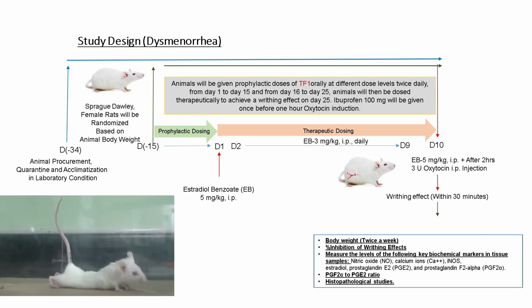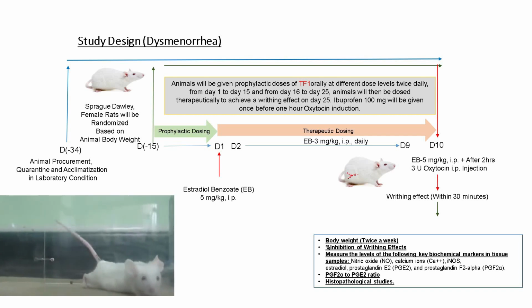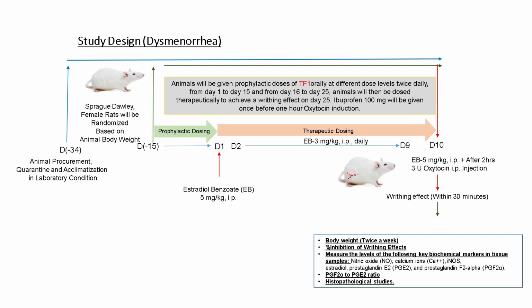Because of that, it will show a writhing effect. It will stretch out its stomach, so that you will see as writhing. So the number of writhing you have to count in the experiment, and then we will see the next parameters.